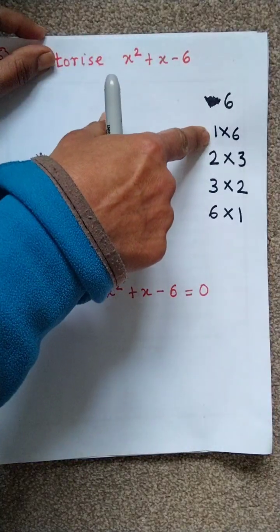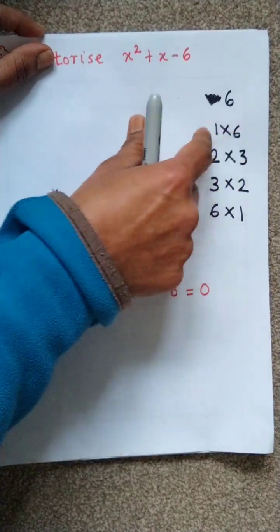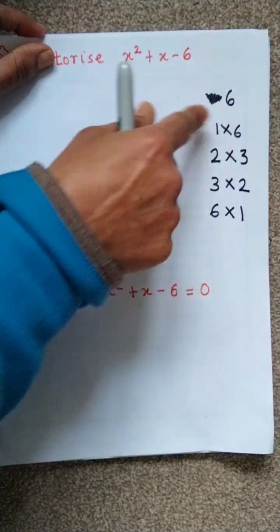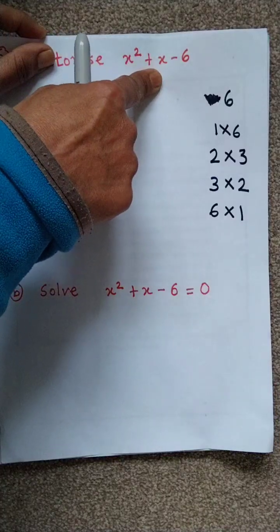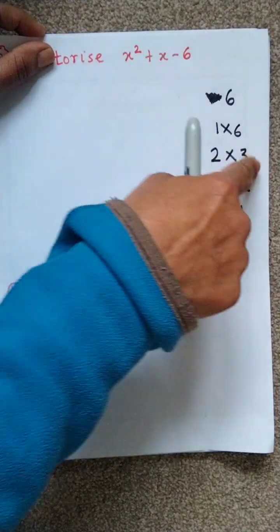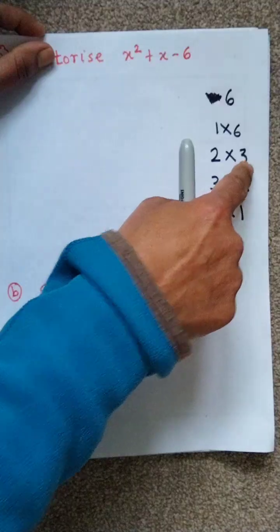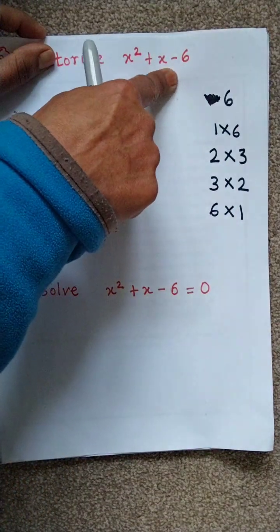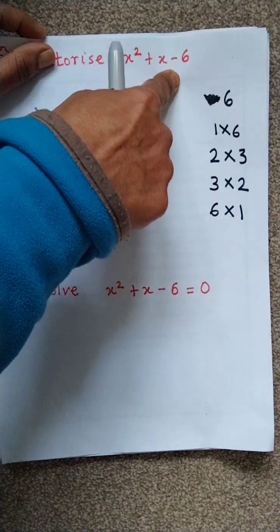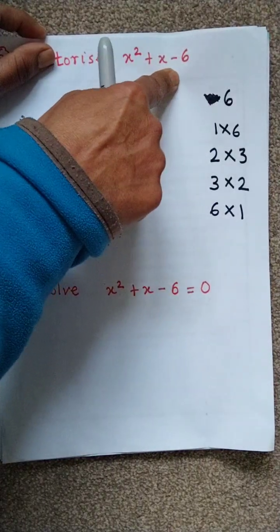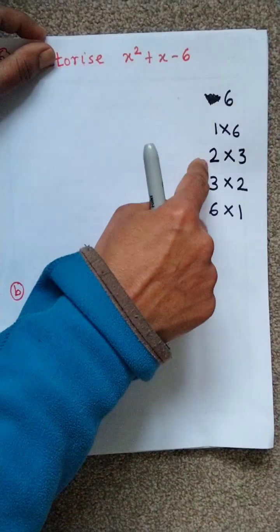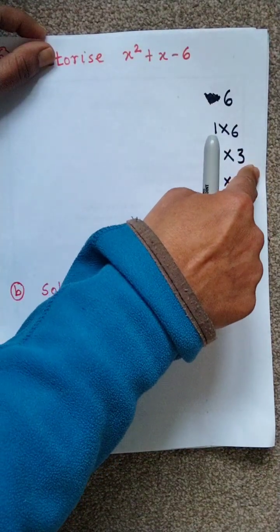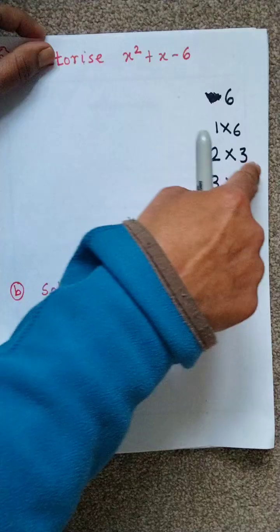Okay, so what is 1 and 6? If you select 1 and 6, what happens? 1 and 6 if you select, then it will not give the sum plus 1. So we will select 2 and 3. So 1 should be positive, 1 should be negative, because we want product to be negative. Because we want product to be negative, one number should be positive, one number should be negative. Now out of 2 and 3, you are supposed to select one number positive, one number negative.